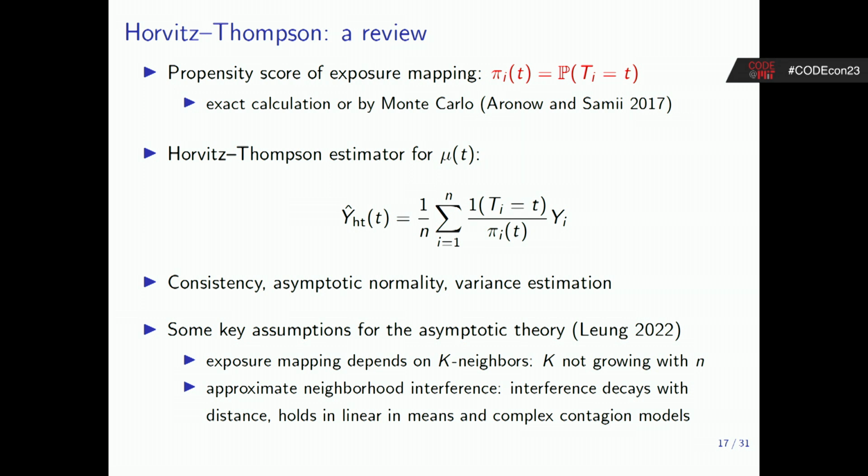The second assumption is on the pattern of the interference. The interference decreases as the distance increases. I don't have formulas for this, but that's the intuition. First, exposure mapping should be simple. Second, the interference pattern should be simple. Otherwise, there's no hope.